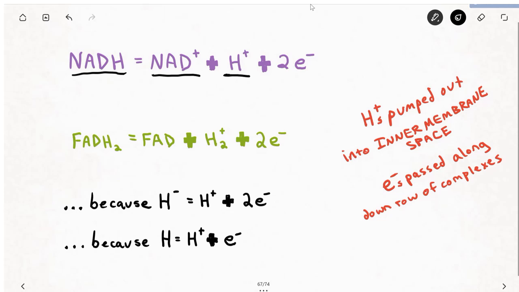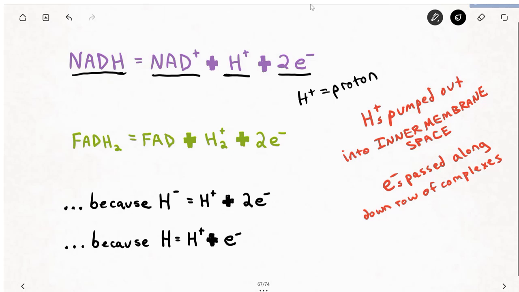So that's why we call a positive hydrogen ion and a proton the same thing. And we have 2 negative electrons, or electrons are always negative, but we have 2 electrons. So NADH, if you break it down into its components, is NAD positive plus a proton plus 2 electrons. Now FADH2 is going to be FAD plus 2 protons plus 2 electrons.